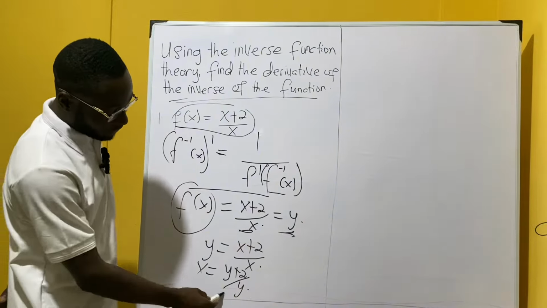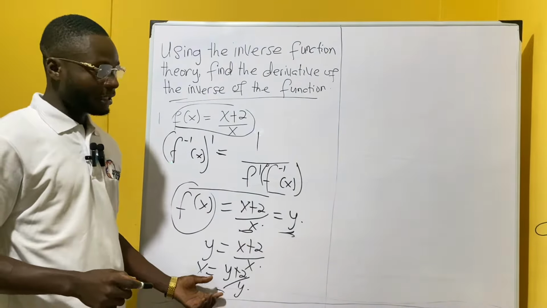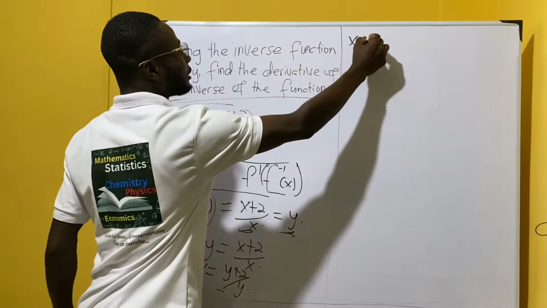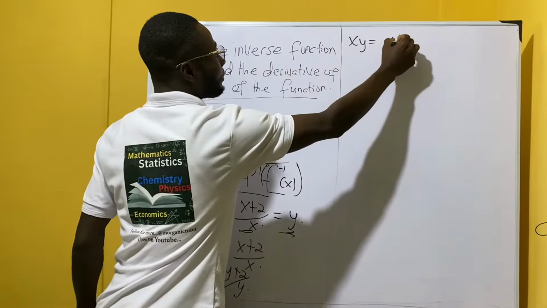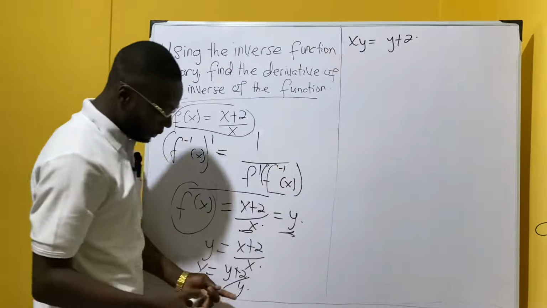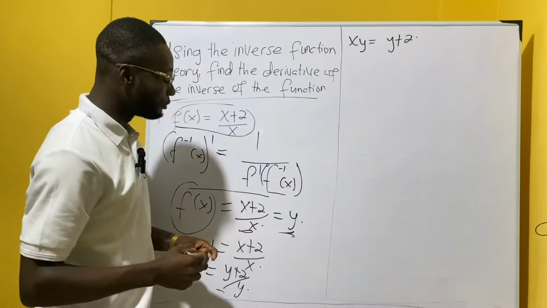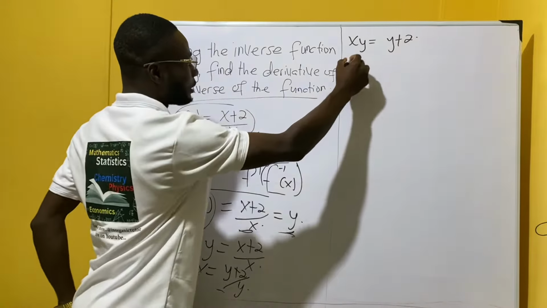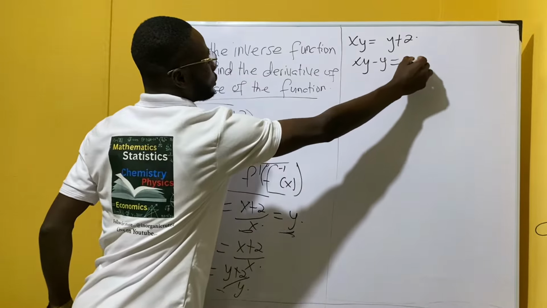Now what you want to do is make y the subject. Multiplying through by y, we have xy equal to y plus 2. That results in xy minus y equal to 2.